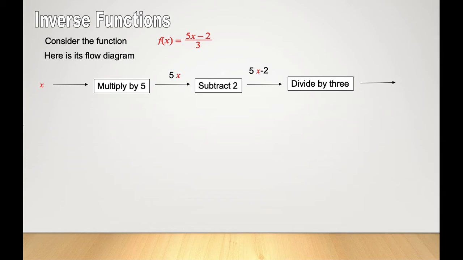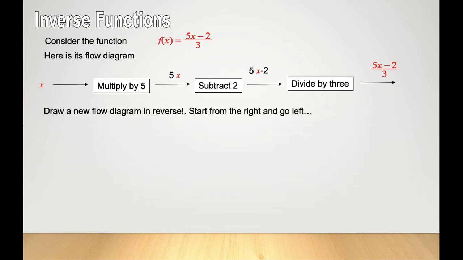Then the next operation as per the function is the whole divided by 3. That is, we got 5x minus 2 the whole divided by 3. That's how you draw the flow diagram for the function f of x.